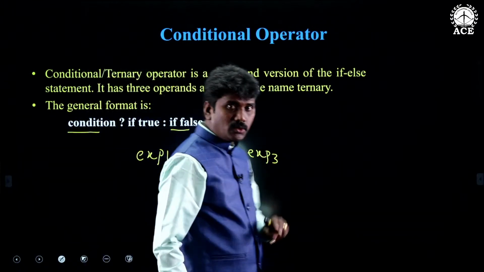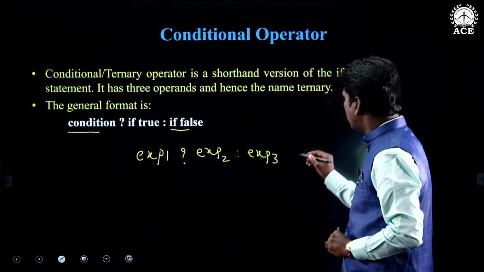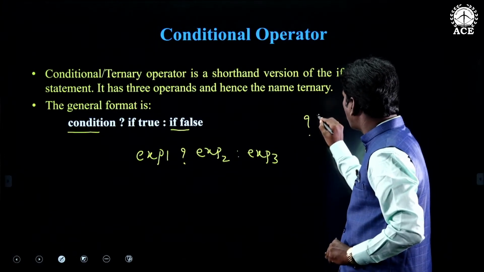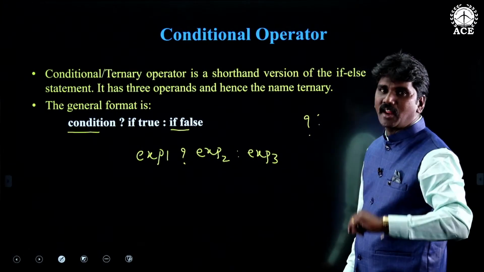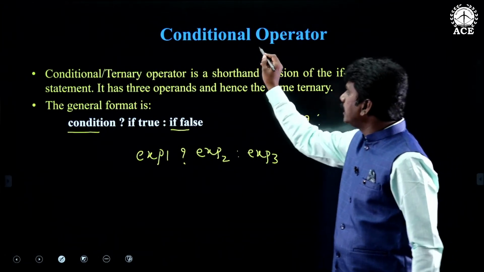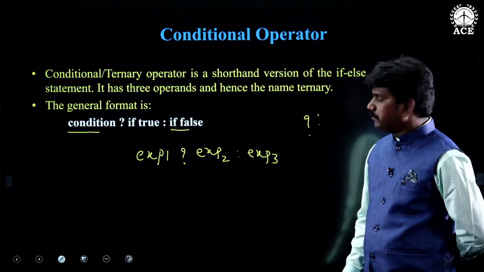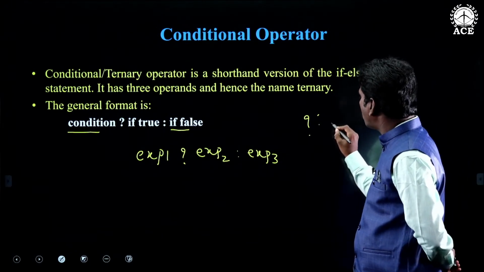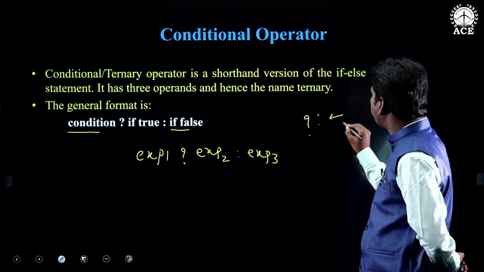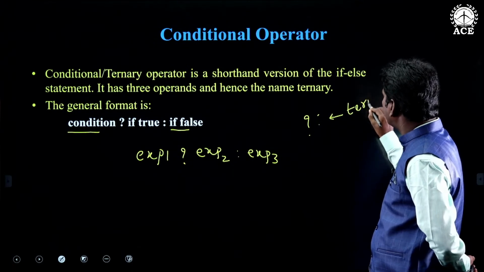Here we are using two operators, question mark and colon, as one single operator, that is the conditional operator. For the same thing, we are having another name: the question mark and colon can also be called the ternary operator.